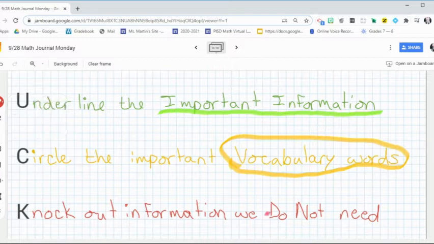Boom. Anything we do not need. It might still be interesting, but it's just not needed in order to find the solution to our problem.